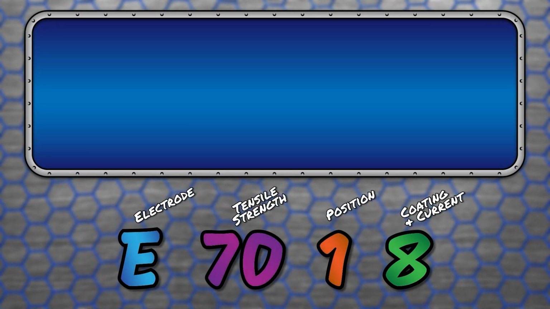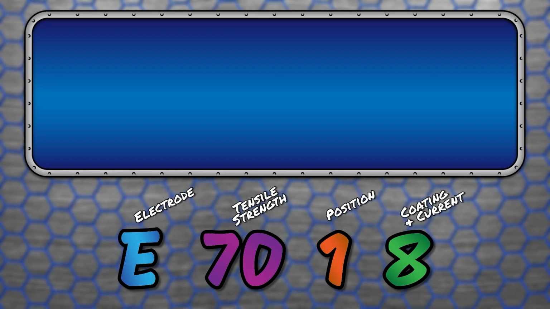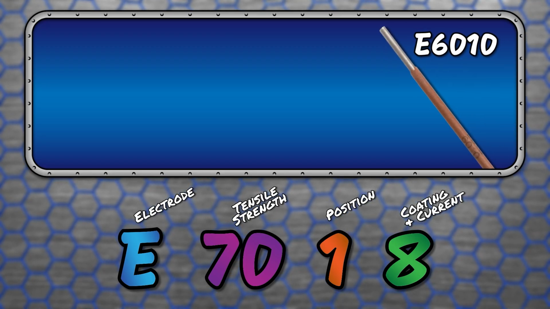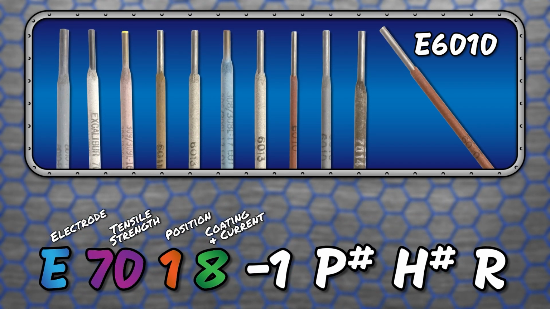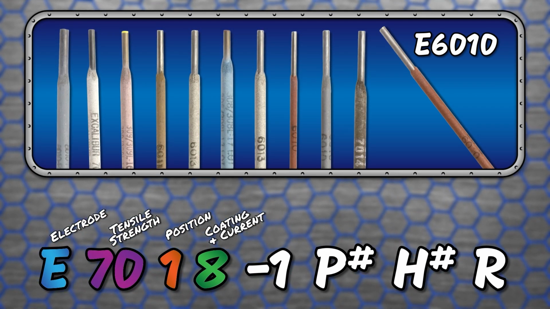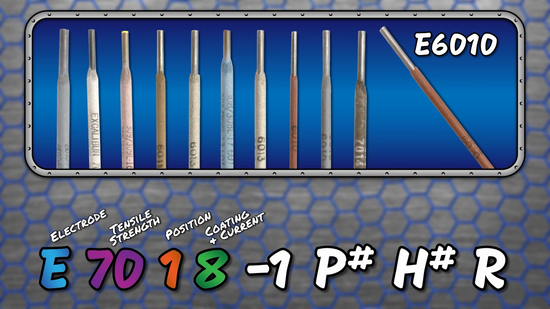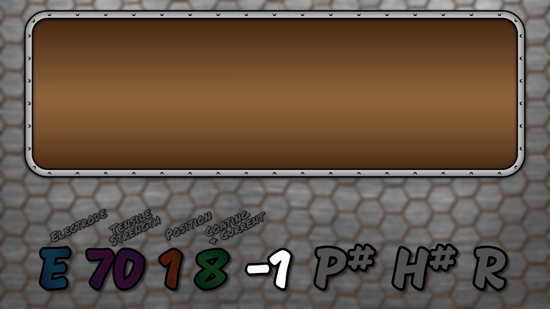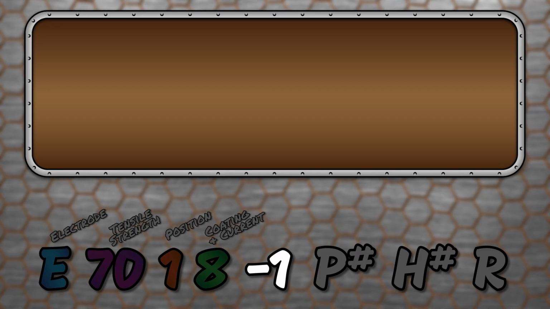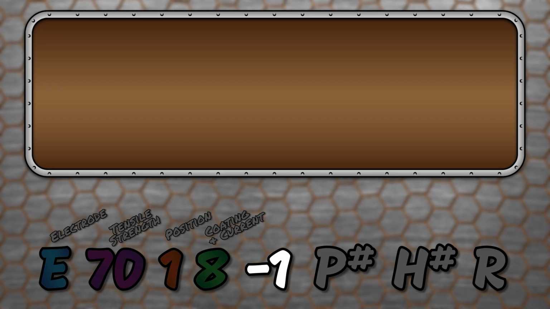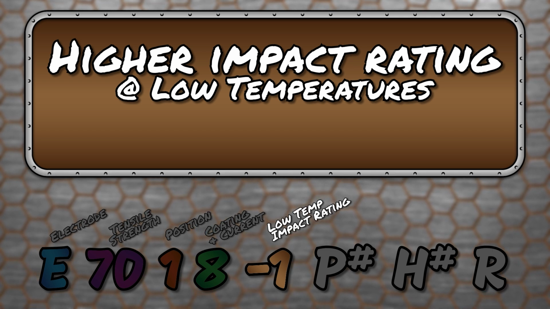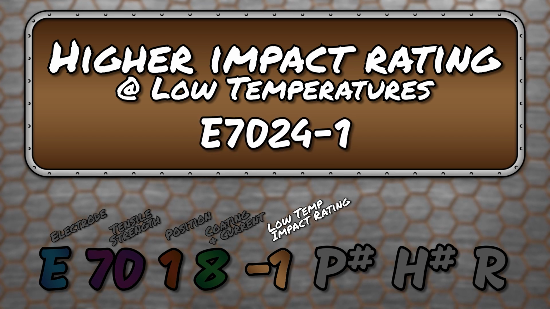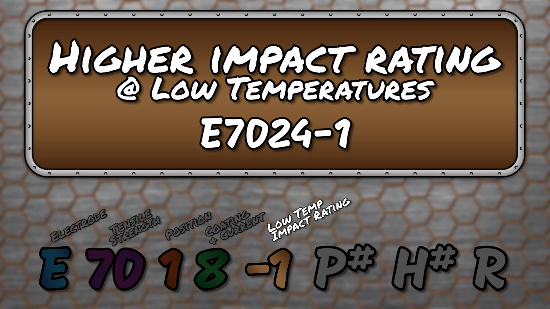Many electrodes will only use these 4 designators, such as E6010, but some products can be manufactured for special conditions, which will be stated after the base code. A 1 will be found after a hyphen if the electrode has been built to have higher impact rating at low temperatures, such as E7024-1.